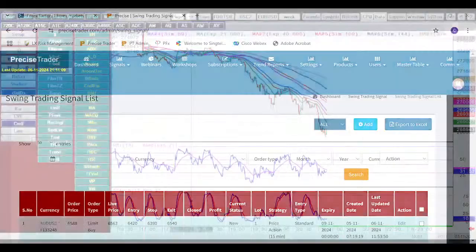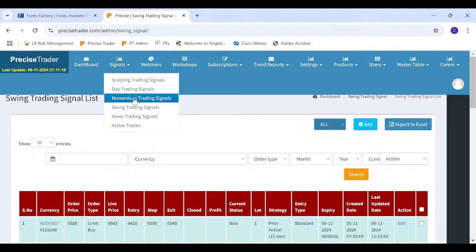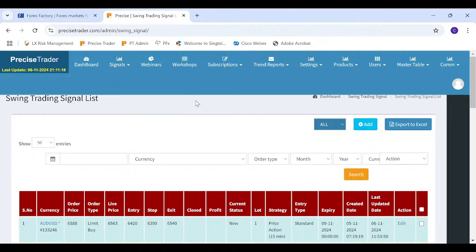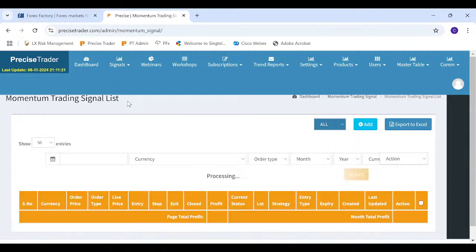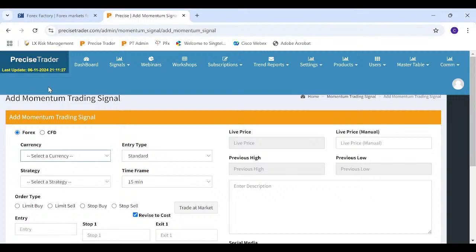So what we will do is we will try to sell at 93.